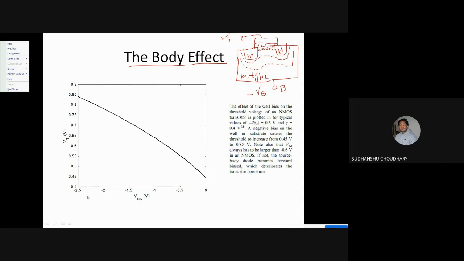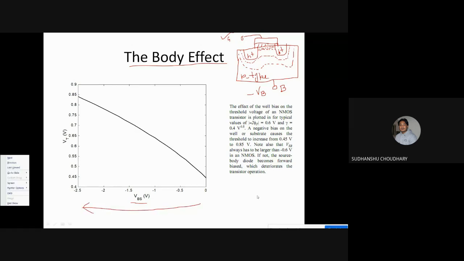This has also been shown in this picture. Here you will find VBS, that is bulk to source voltage or reverse bias, increasing. Earlier it was 0, then it became minus 0.5 and then finally minus 2.5.